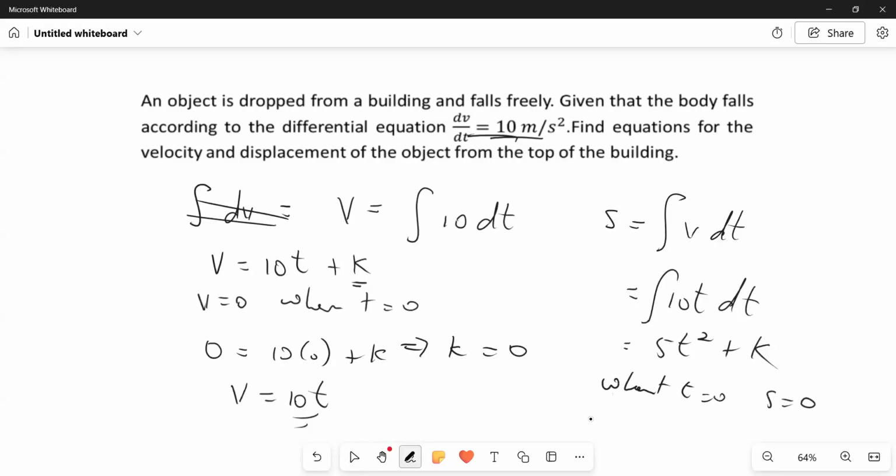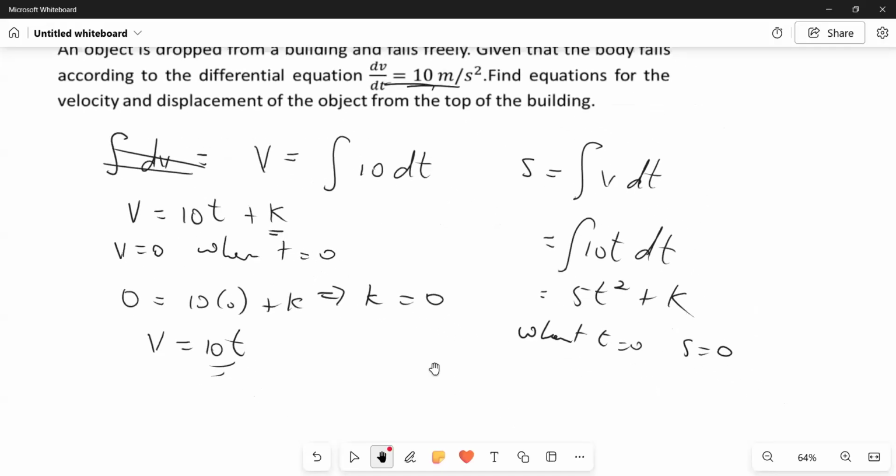So 0 equals 5 times 0 squared plus k, which implies that k equals 0. So your expression for displacement is s equals 5t squared. Simple as that.